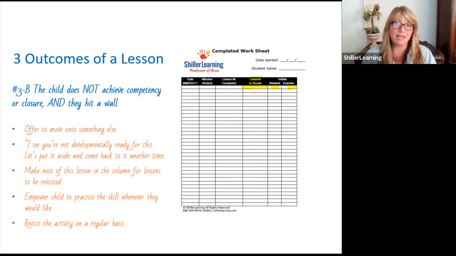And this is actually something that is in the Schiller Learning Parent Guide: when we see the child is frustrated, "I see you're not developmentally ready for this. Let's put it aside and come back to it another time." And often they're just relieved, like, oh, really? I'm not going to be forced to go through this. That's great.